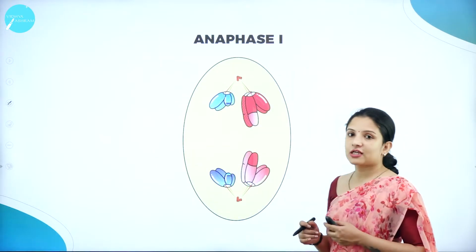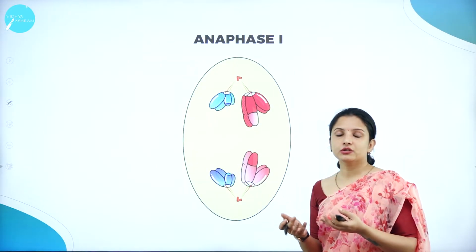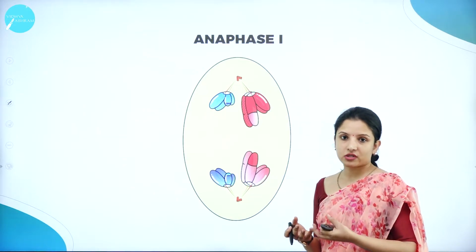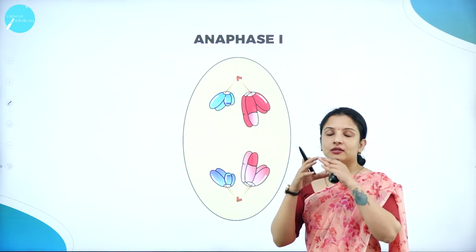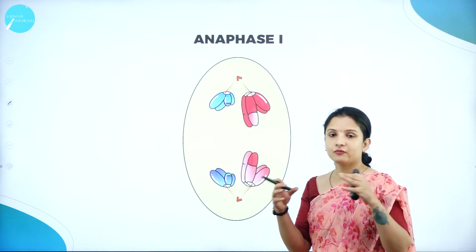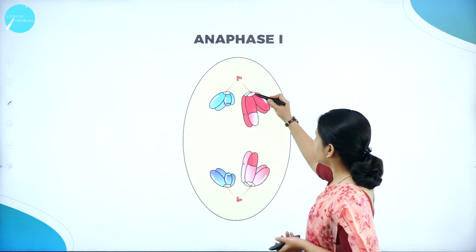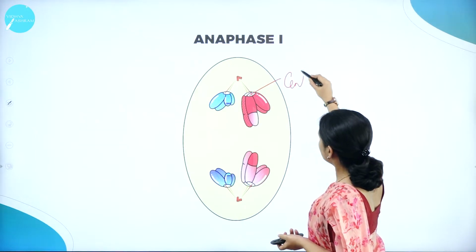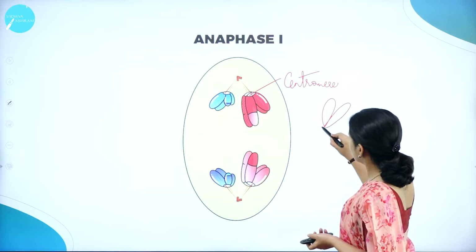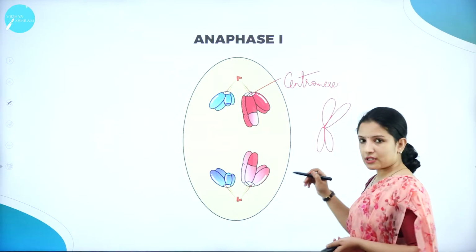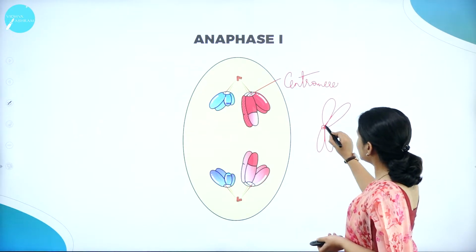After the metaphase stage, what happens? It is just similar to the mitotic cell division that we studied. Here again, the chromatids get separated because of the division of the centromere. What are centromeres? The two chromosomal arms are held together by centromeres.